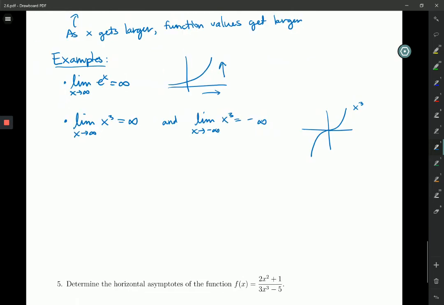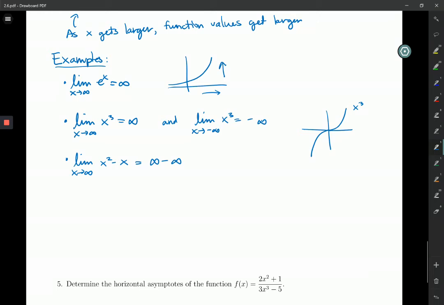Okay, and so we'll do one more example. This is the limit as x goes to infinity of x squared minus x. Now, you might want to say that as x goes to infinity, x squared gets very large, and obviously x gets very large, so we get infinity minus infinity.